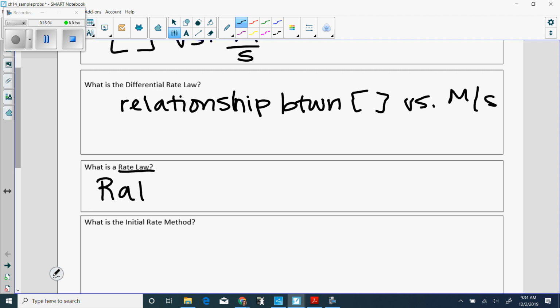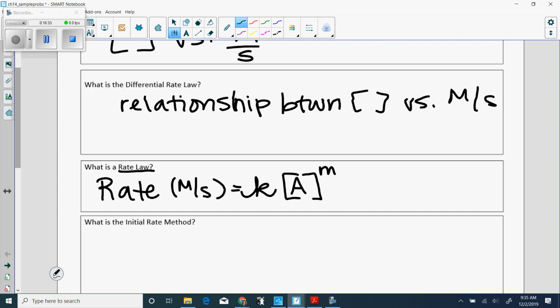It's rate, which is in molarity per second, equals a lowercase k, which is a constant, similar to slope, that you're going to have to solve for every time because every line has a different slope, times the concentration of that reactant A to the m monkey power.